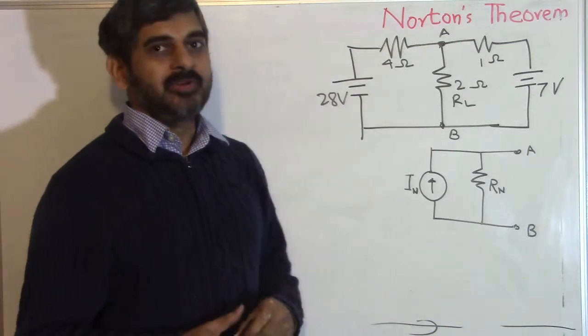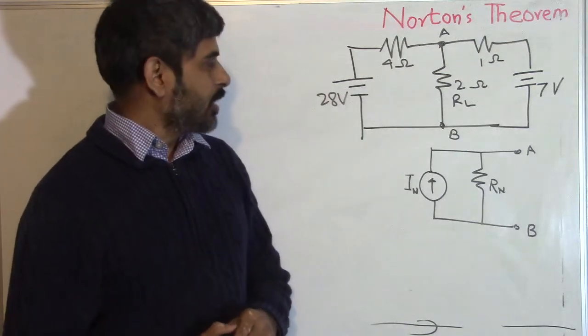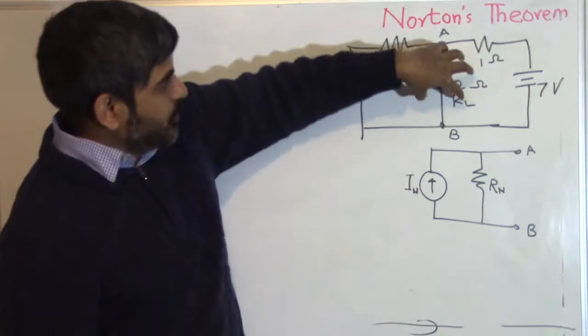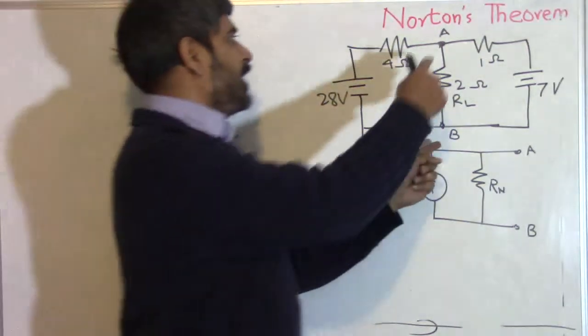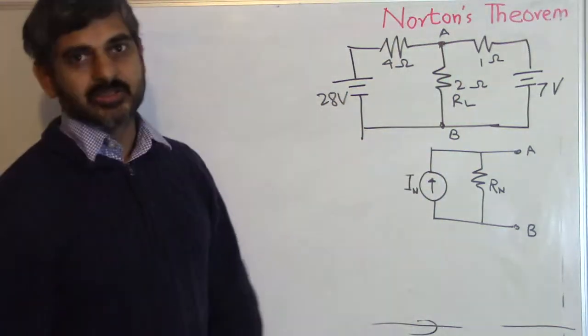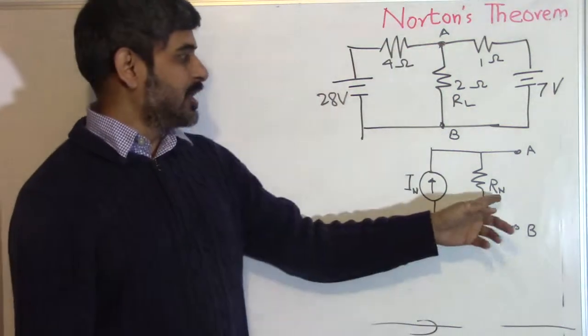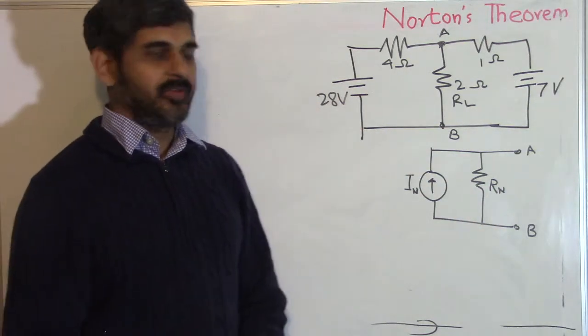If it has some internal resistance, replace it with that internal resistance. Once we have done that, also remove this RL load resistor from the picture, and then find the resistance across points A and B. That will be RN. RN is the same as Rth that we discussed in Thevenin's theorem.